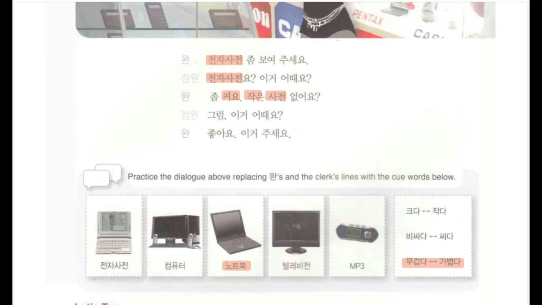This time 제가 점원할게요. 여러분이 one 하세요. 시작. 노트북이요? 이거 어때요? 그럼 이거 어때요?